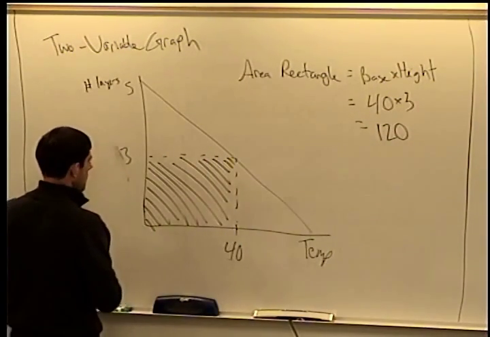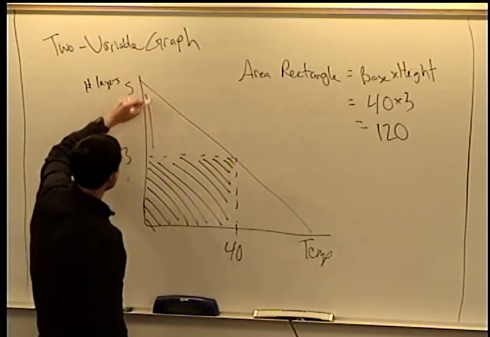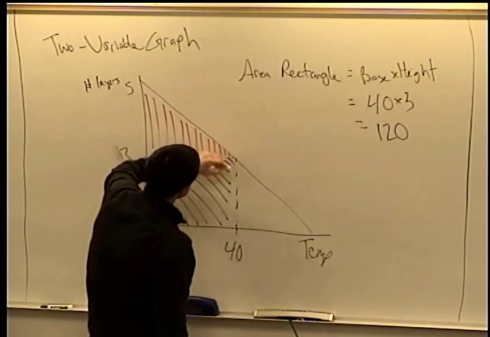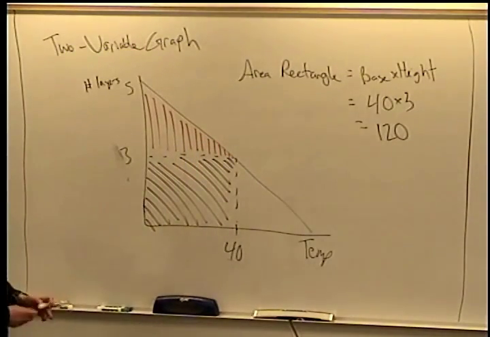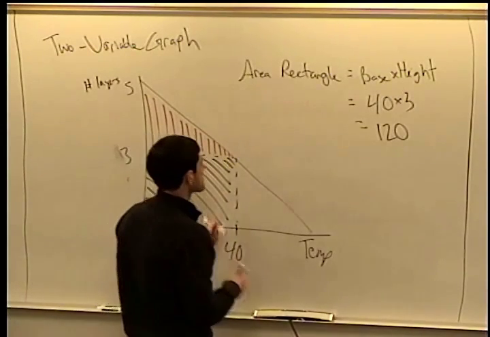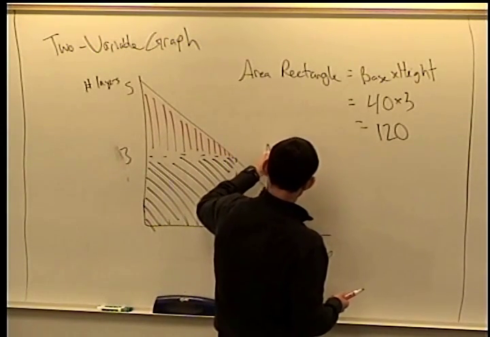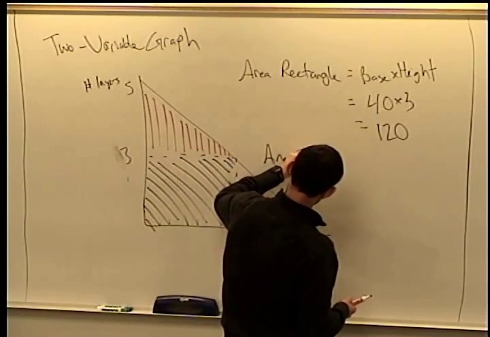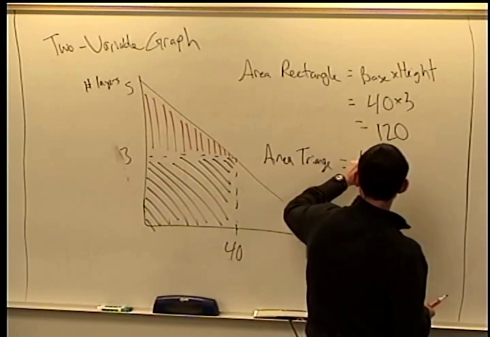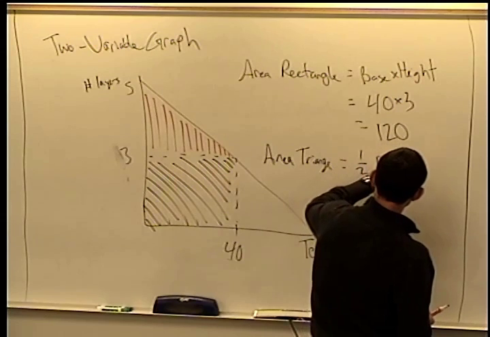For the second one, I want to know what is the area of this triangle. Okay, so for the area of a triangle, that's equal to 1/2 base times height.